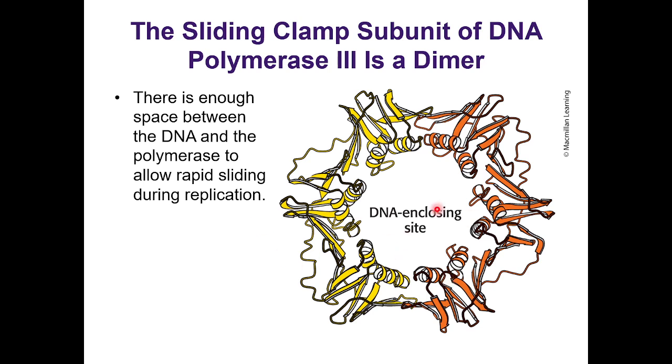Again, this is going to have enough space between the DNA and the polymerase to allow rapid sliding during the replication. If you change this amount of space, does anybody have any idea what would happen? If you made it really small, what would happen? Yeah.